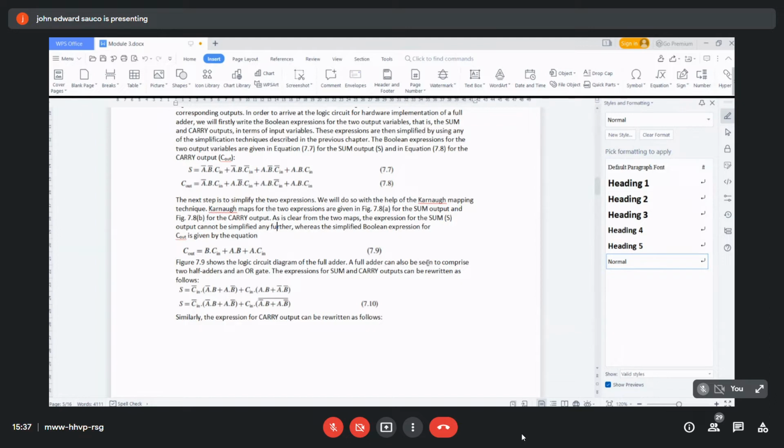The full adder can also be seen as composed of half adders. So, the full adder can also be composed of two half adders and an OR gate. So, the sum and carry outputs can be written as follows. So, this is it, when you compose it using the half adder equations.